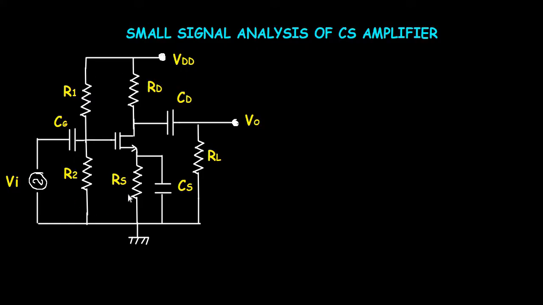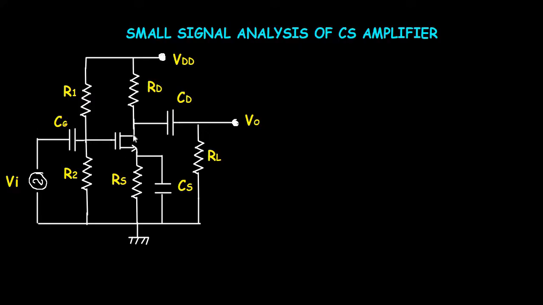But in the case of AC analysis, all DC voltages are zero and we consider all capacitors as short circuit, or we can say the resistance of the capacitor is very small in AC analysis.